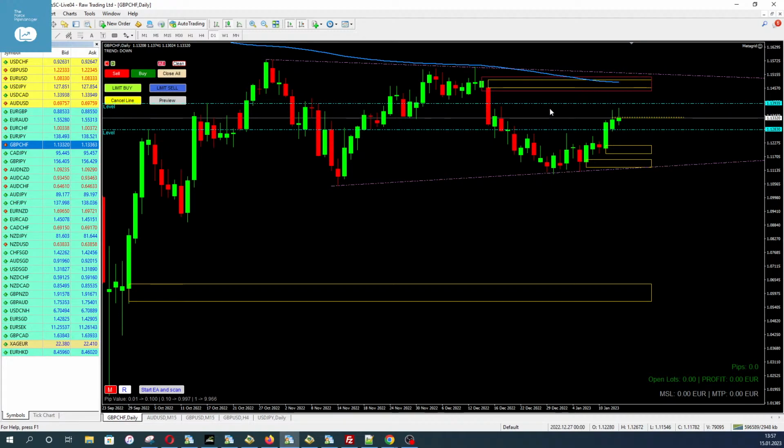Now we get the trend lines calculated from MetaGrid 2, and you can see there's a third thing. We have the weekly trend line, the purple one, also in this area. So this area should give an opportunity for sell trades.